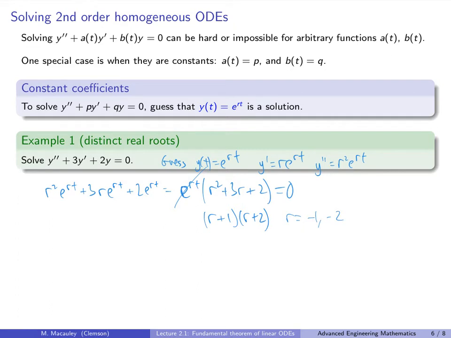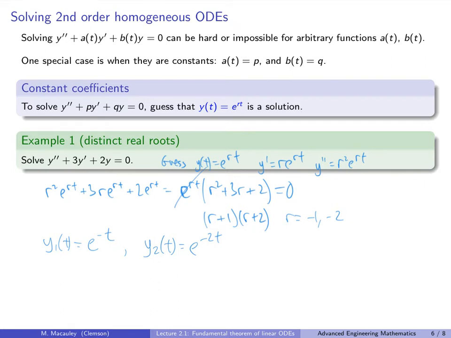So in this case, we have one solution of the form e^(-t). That's this root. And the other solution is e^(-2t). Now recall, the general solution to this linear homogeneous ODE is a dimension 2 subspace.